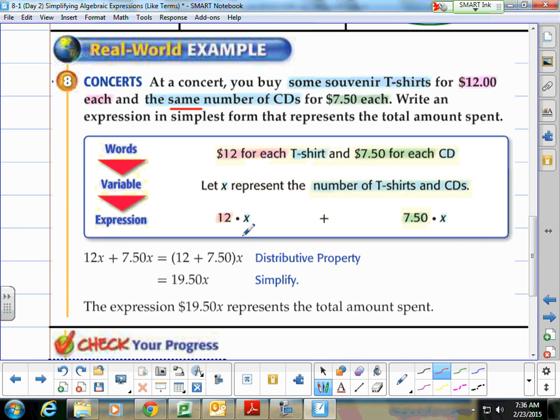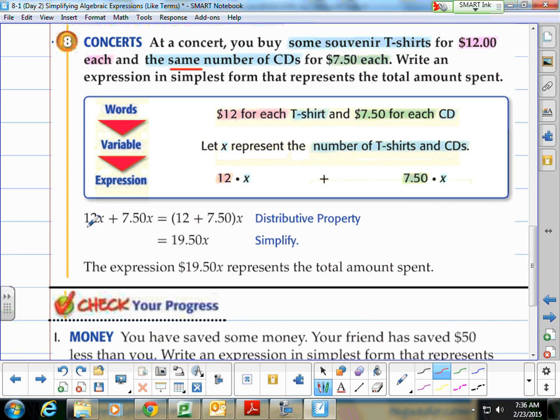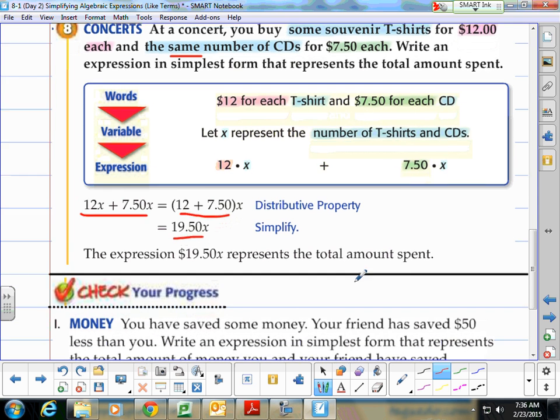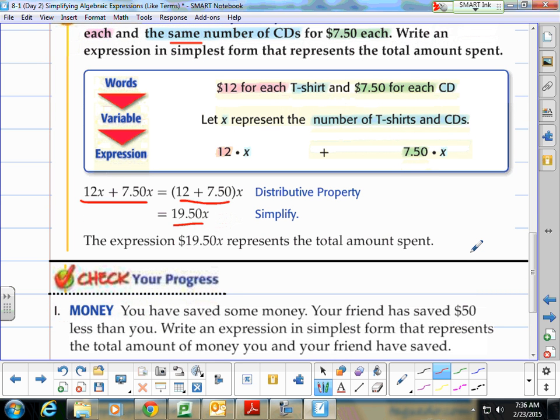Since those go together, we can combine them, since they're like terms, and end up paying $19.50 for every combo. So the expression 19.50x represents the total amount spent.